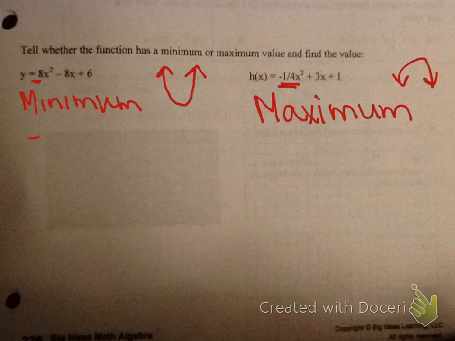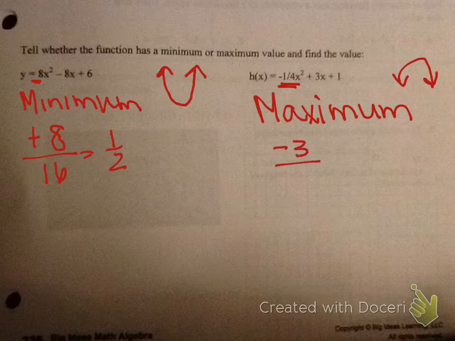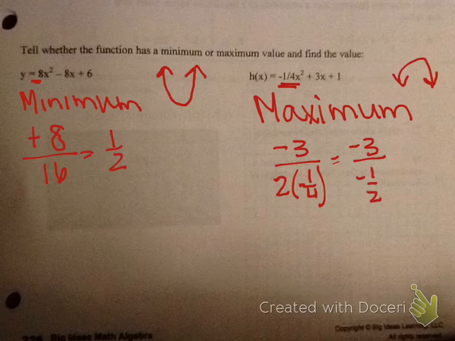And negative b over 2a gives us a half. Negative b over 2a gives us negative 3 divided by negative 1/2, which gives us 6.